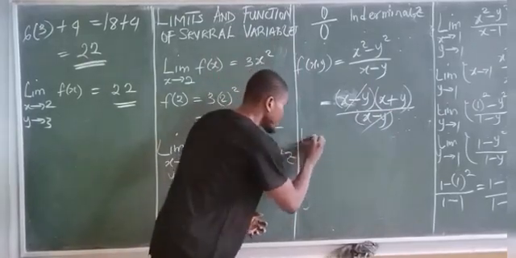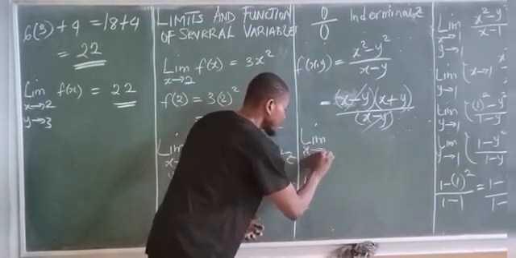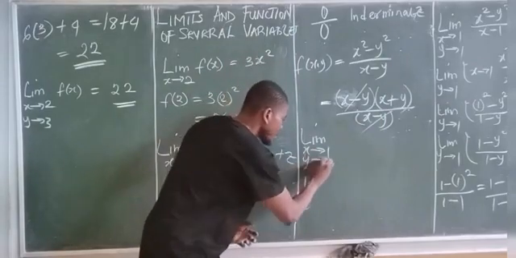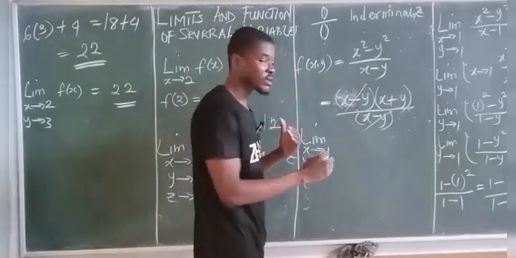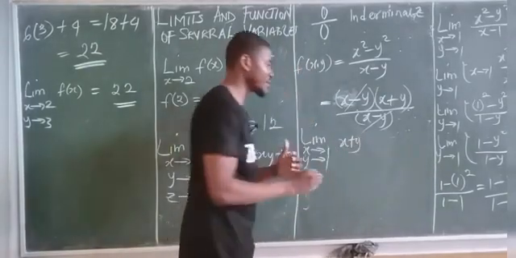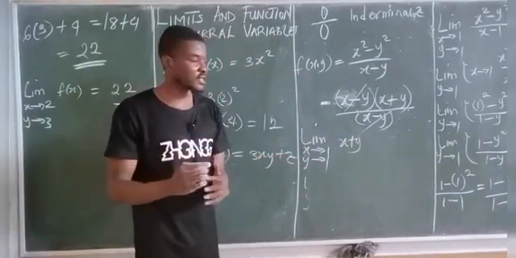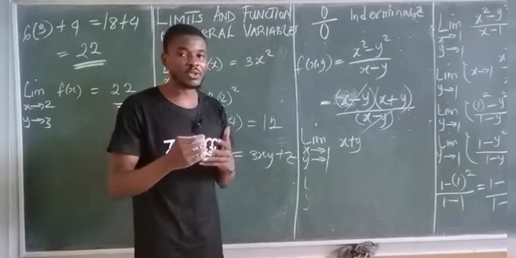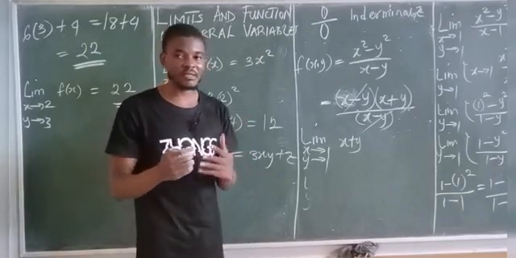So the limit now becomes the limit as x tends to 1, y tends to 1 of the function, which now changes to x plus y. This becomes easier, and I'm no longer going to encounter the indeterminate expression.